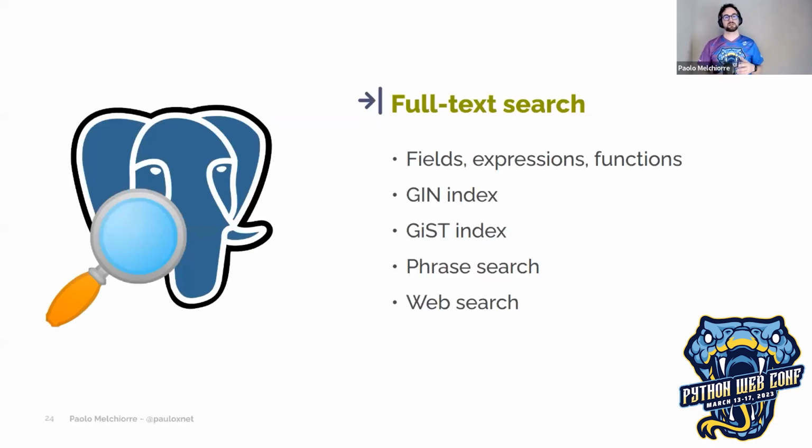The full-text search support in the Postgres module has specific fields, expressions, and functions. If your Postgres version is recent enough, you can also use specific indexes, phrase searches, and web search style, which is very convenient.